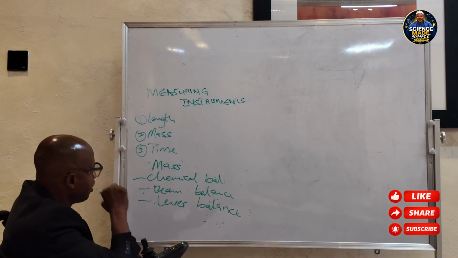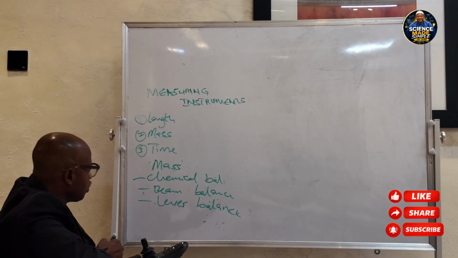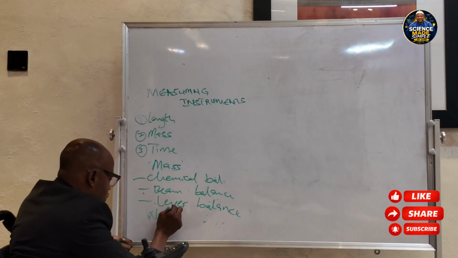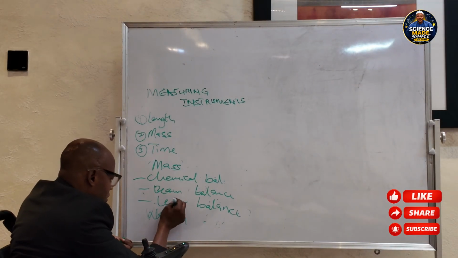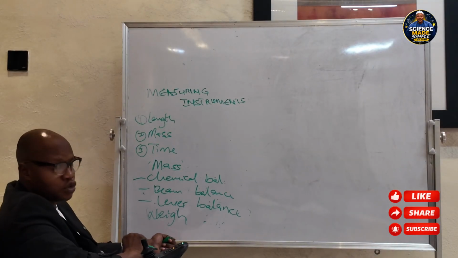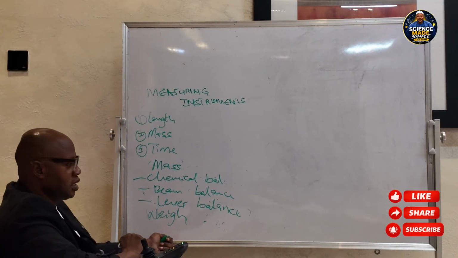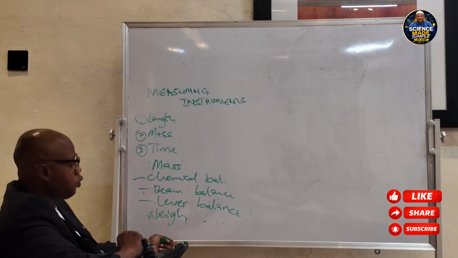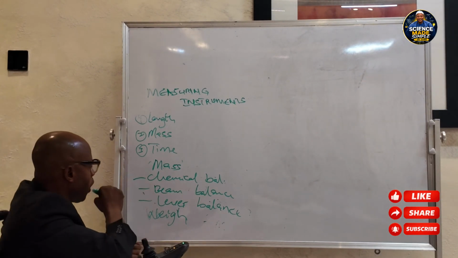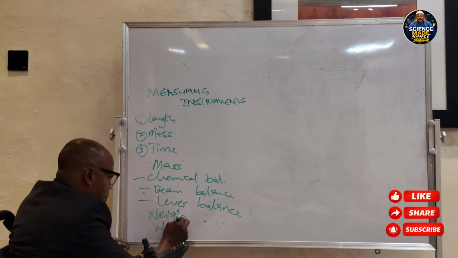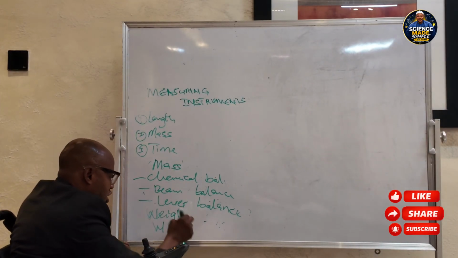And let me quickly tell you the difference between mass and weight. Weight is the effect of the acceleration due to gravity on the body. That is the force acting on the body as a result of the gravitational pull of the earth. So weight is defined as mass times g.